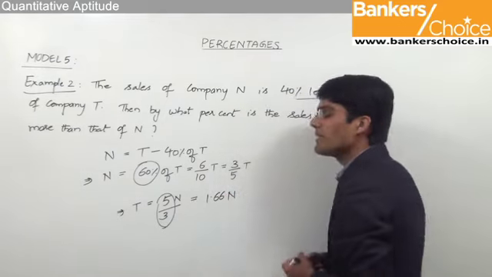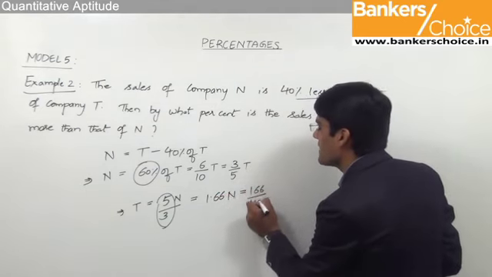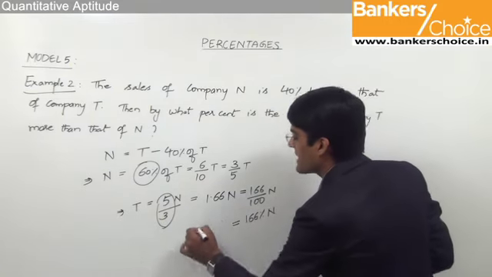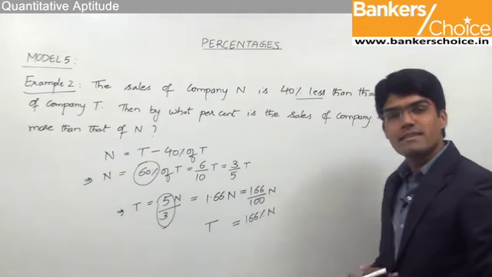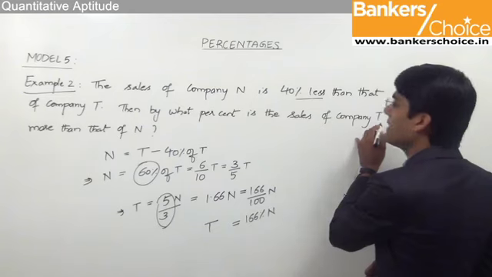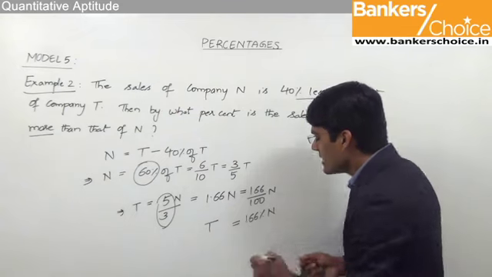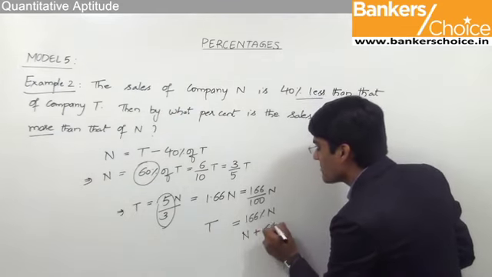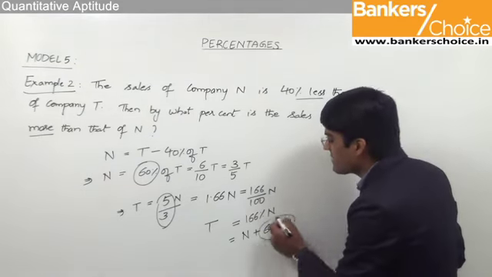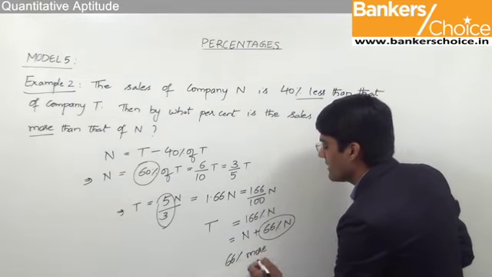So T will be equal to 1.66 times N. And 1.66 is nothing but 166 by 100, which is equal to 166% of N. So we can understand that T is equal to 166% of N. But as the question says, by what percent is the sales of T more than the sales of N? So T we can see here is equal to N plus 66% of N. Right? So we can understand that T is 66% more. So the answer here should be 66% more than N.